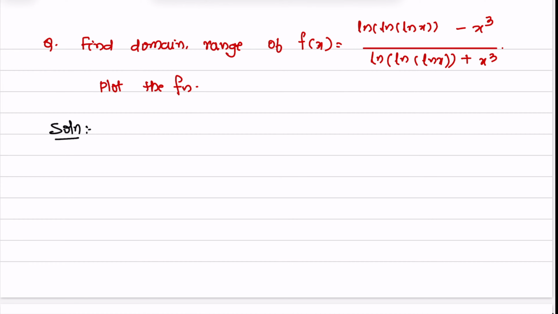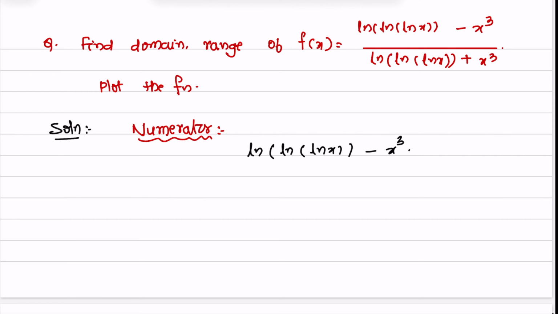f(x) is the ratio of two functions and hence we have to divide into numerator and denominator. Now let us study the behavior of the numerator. What is the numerator? ln of (x minus x cube).